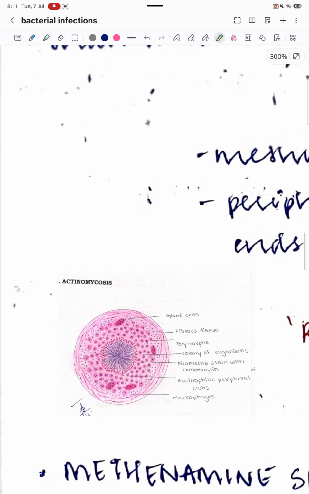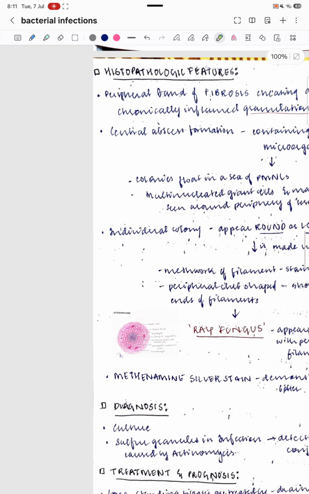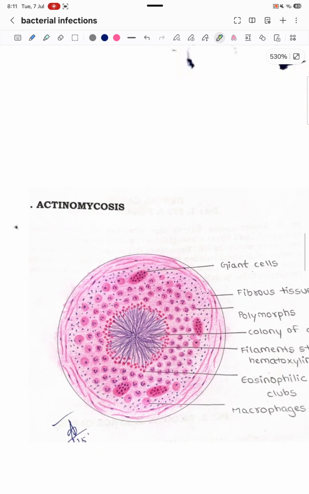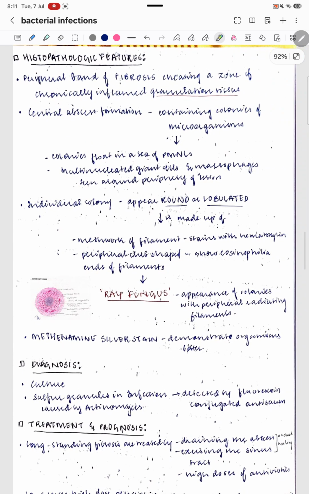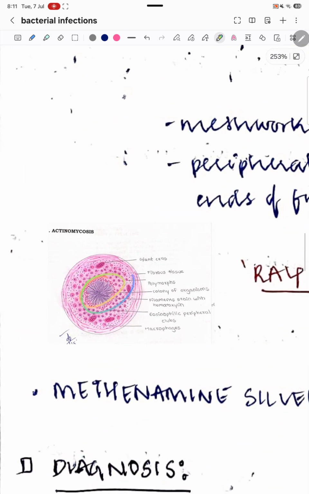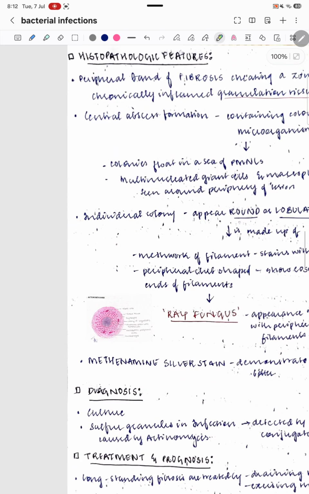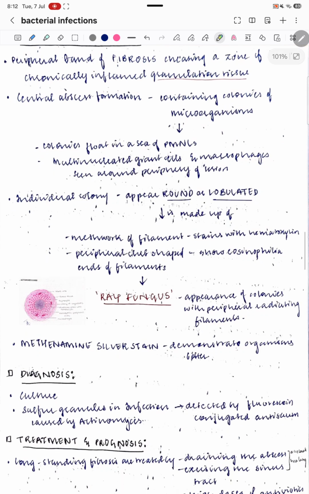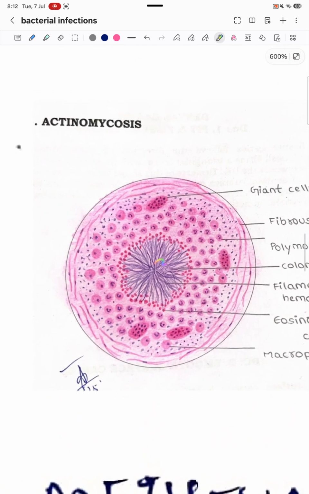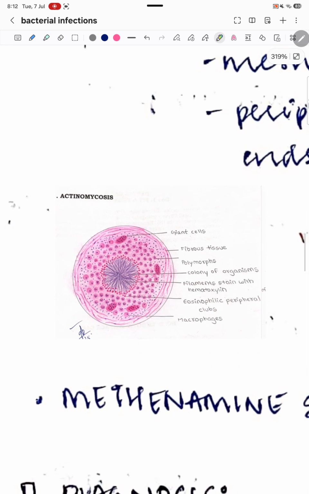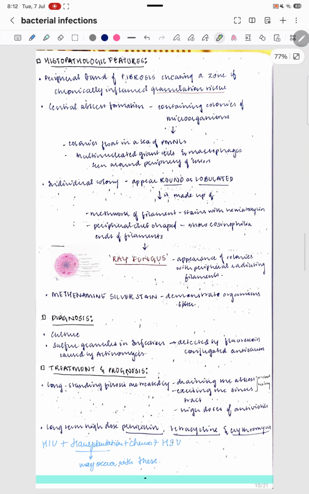This is the band of fibrosing tissue, and then it has a granulation zone. This is your granulation zone, and it contains centrally abscesses forming with colonies of bacteria. This is your colonies of bacteria. This is your sulfur granules, and your colonies are forming. Your individual colony appears as a round, lobulated meshwork of hematoxylin-staining filaments.